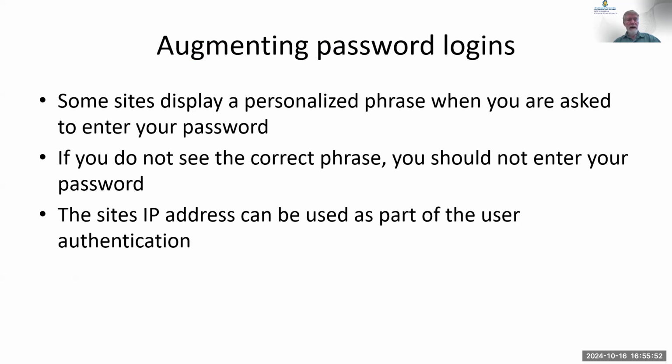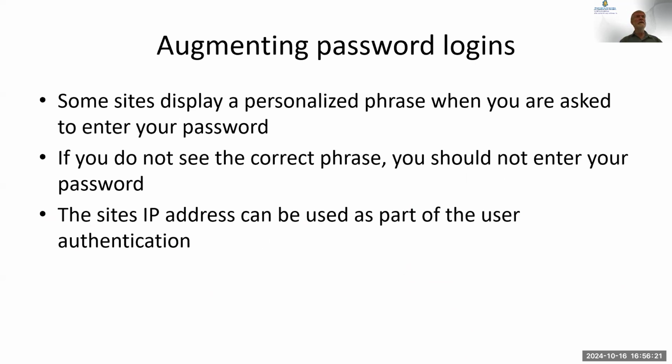So one of the things you do is, again, try to make your logins better. Two-factor authentication, we talked about this earlier, and other things you can do to make your logins more secure. One site I go to, when you enter your user ID, before it asks for your password, it prints out a phrase that you have given it.